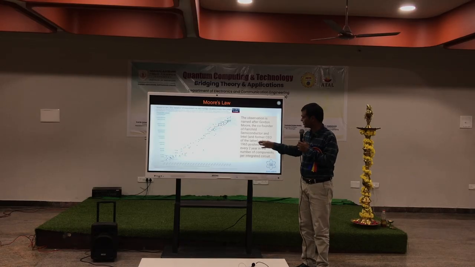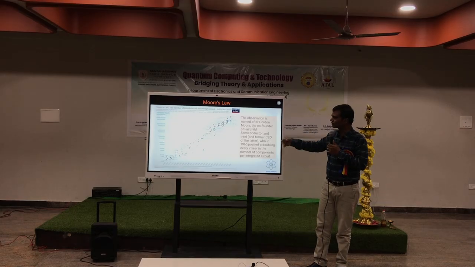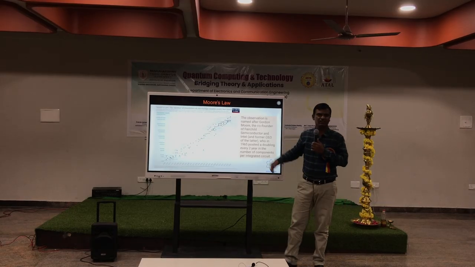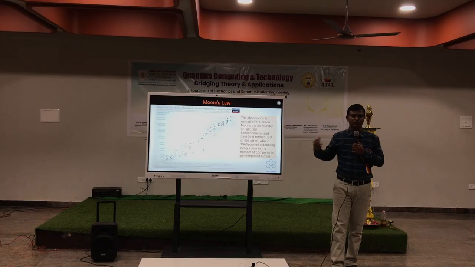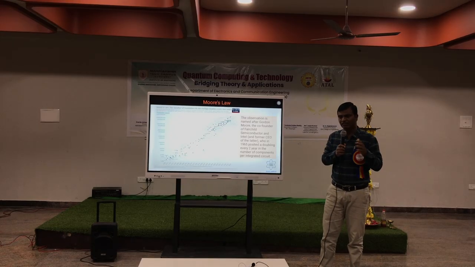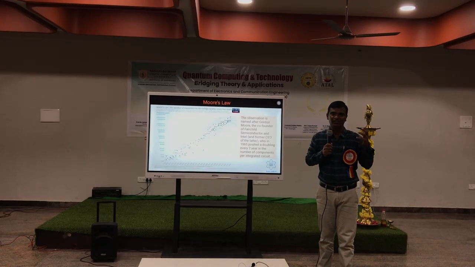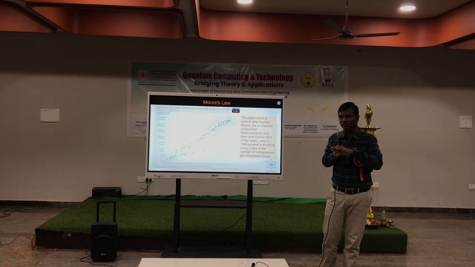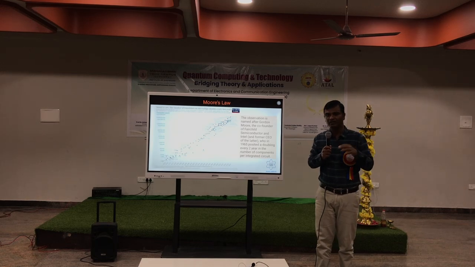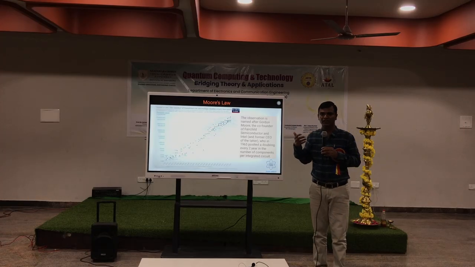In 1965, Moore predicted that the number of transistors on a microchip will keep on doubling. As this computation is being applied to several applications and domains, these resources keep on increasing.